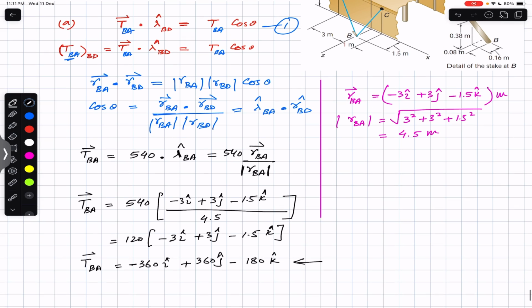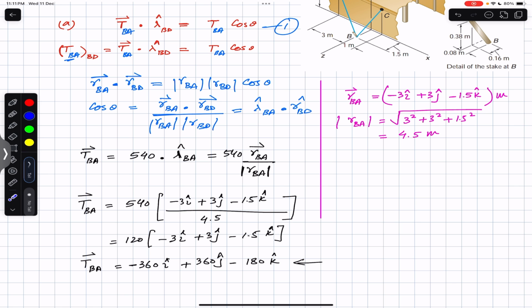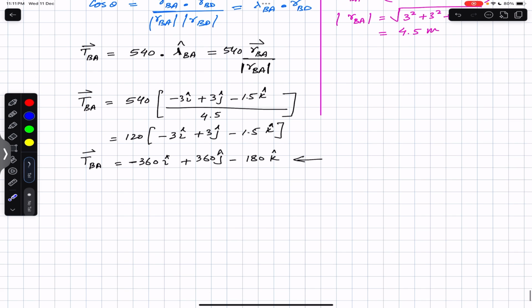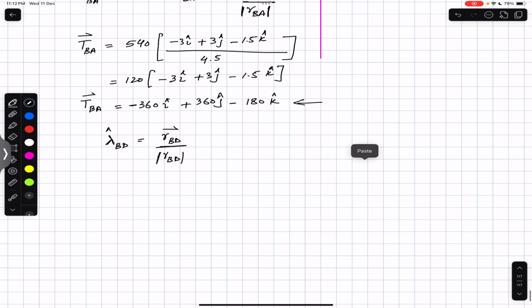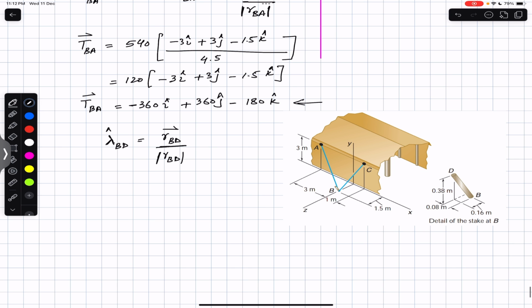And now, to use this equation, we have to find the unit vector from B to D. The unit vector from B to D is equal to the position vector from B to D divided by its magnitude. The position vector from B to D will be from B to D like this, right?